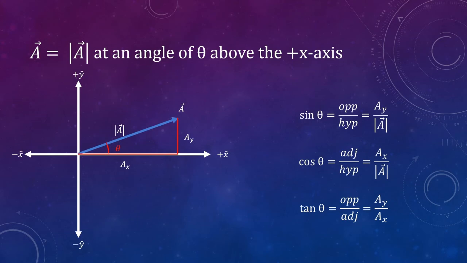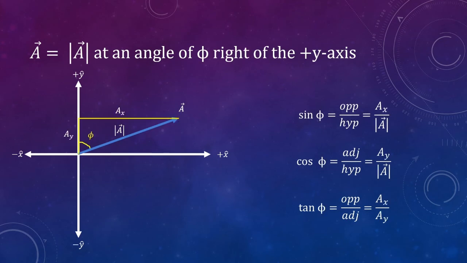Again, most of the time you'll see the angle or the vector described with the angle with respect to the x-axis, but this isn't always the case. Sometimes you'll have the angle described with respect to the y-axis.